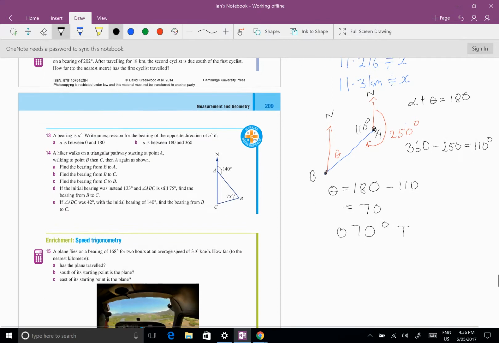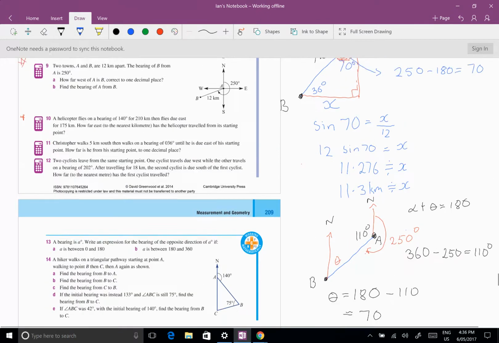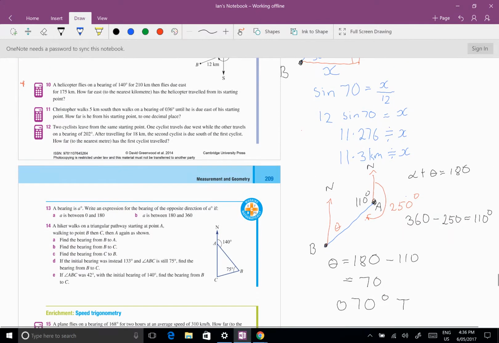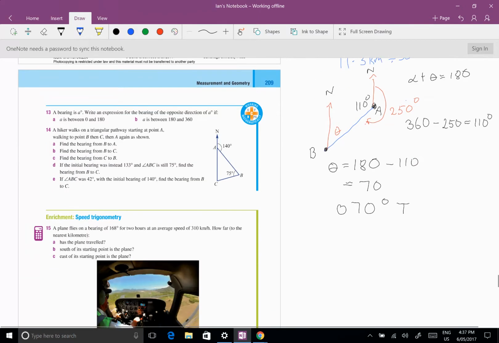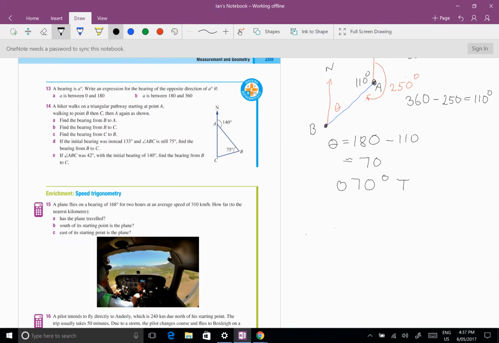Righto. Let's now have a look at question 10. A helicopter flies on a bearing of 140 degrees for 210 kilometres. Well, let's draw that. Put a spot in the middle. Draw a north. This is question 10.